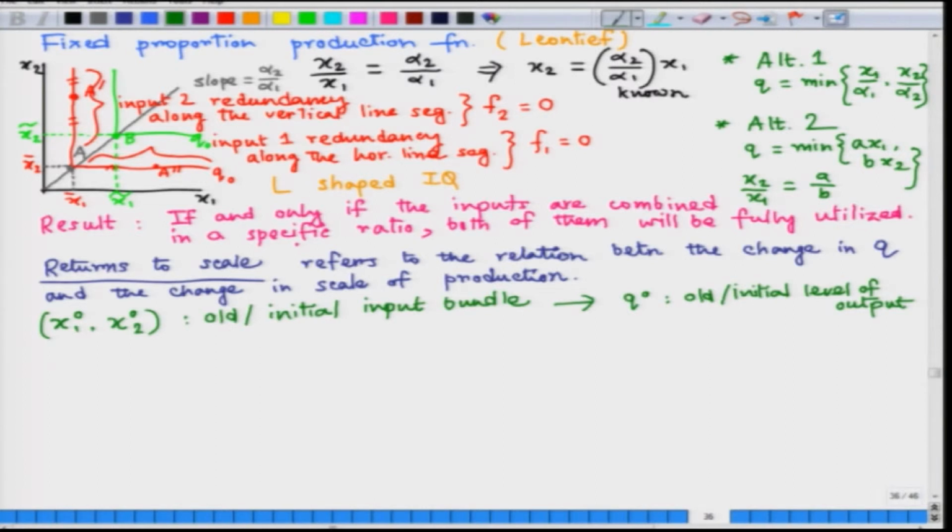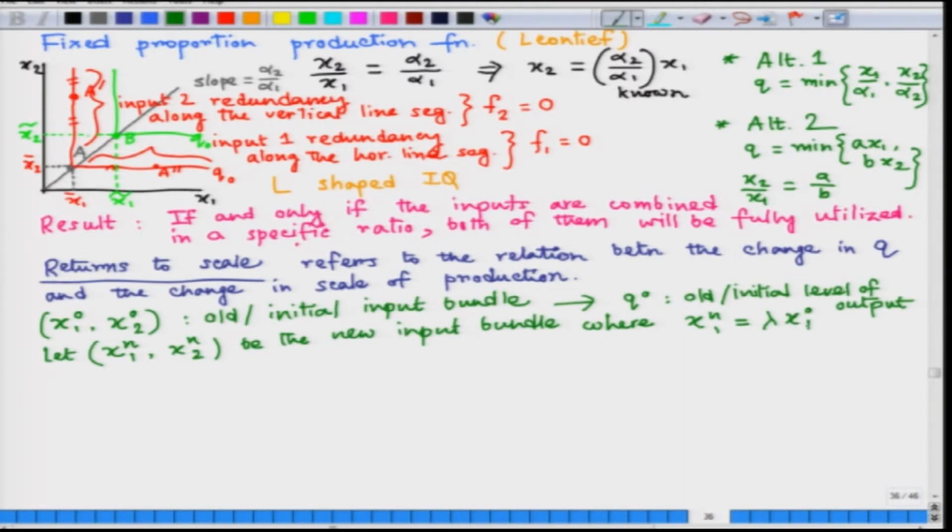Okay. Let xn1, xn2 be the new input bundle where xn1 equals lambda times x naught 1, lambda is a scalar, and xn2 is lambda times x naught 2.